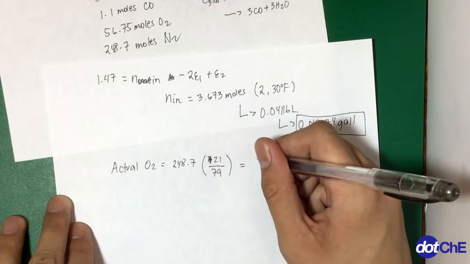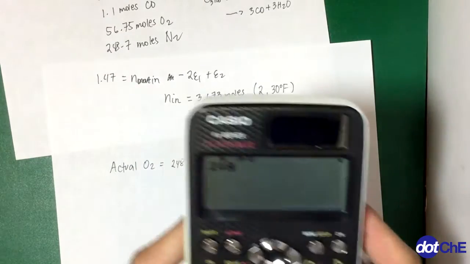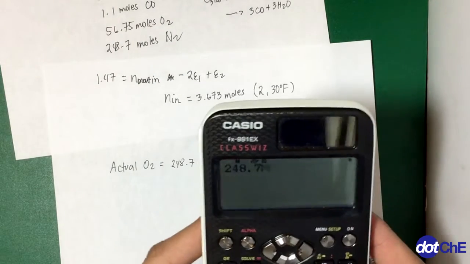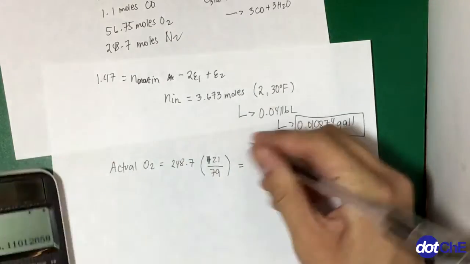More or less, you could get 248.7 times 21 divided by 79. You're going to get 66.11.